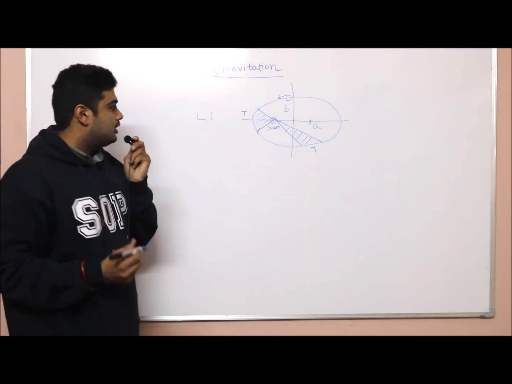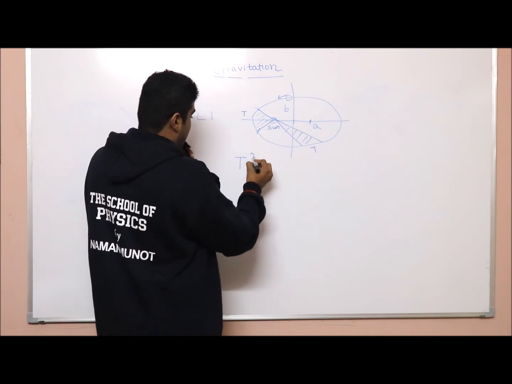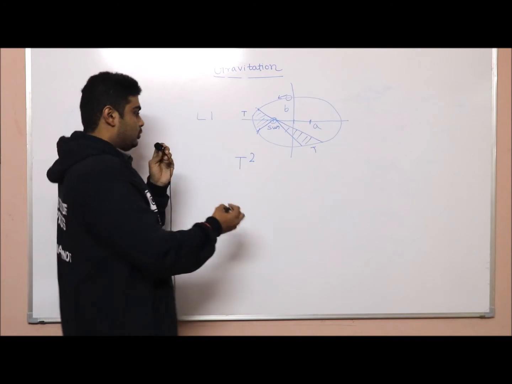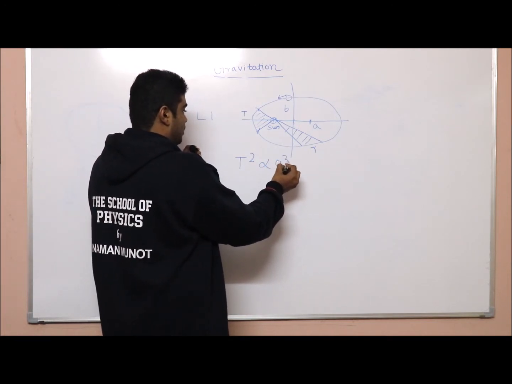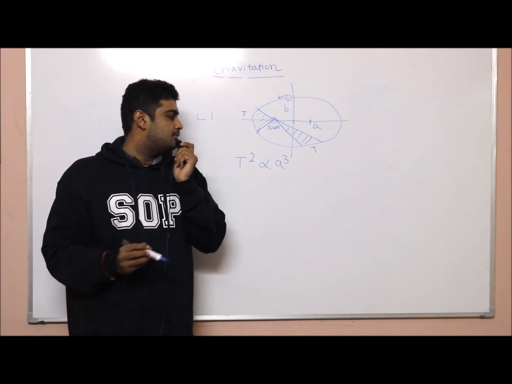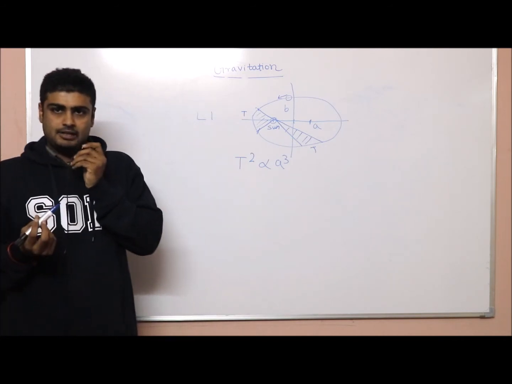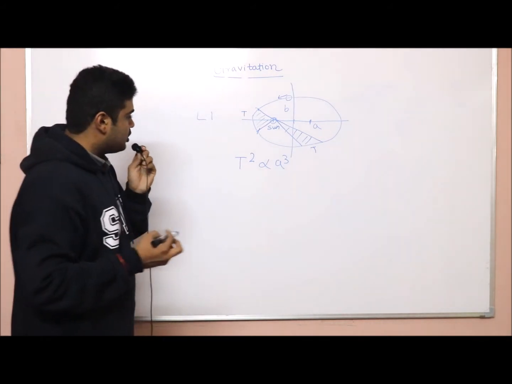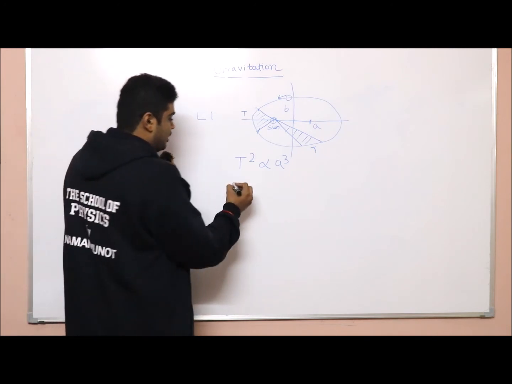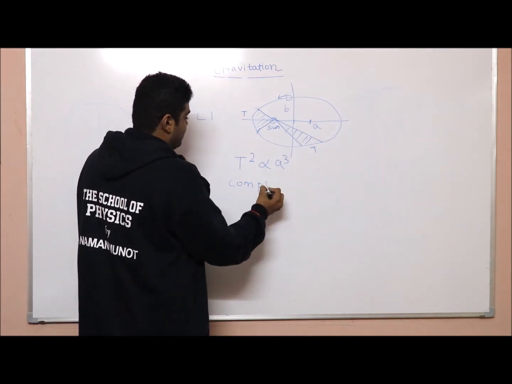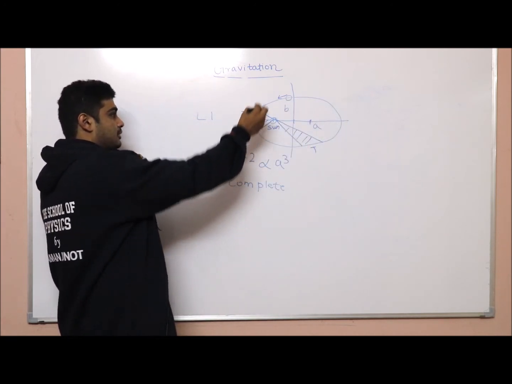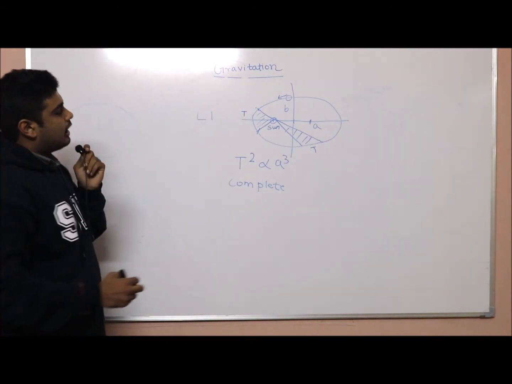The third law says that t square, the time period of revolution around the sun in an ellipse, is directly proportional to the semi-major axis a whole cube. So t square is directly proportional to a cube. This t is the time period for the planet to complete the revolution around the sun.